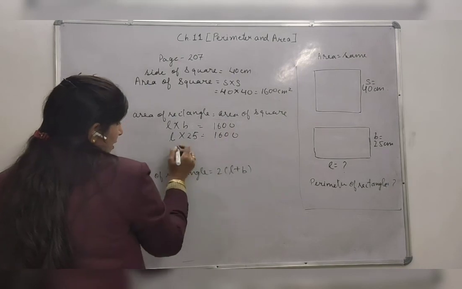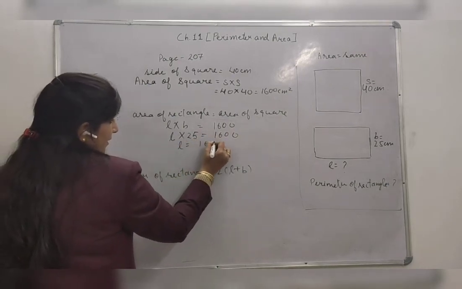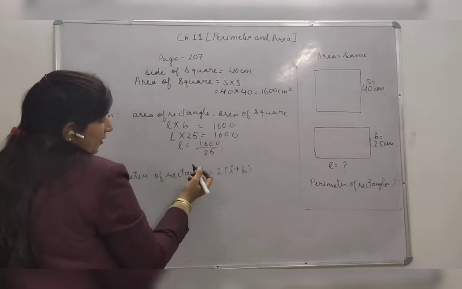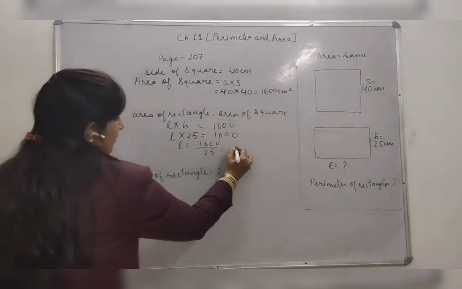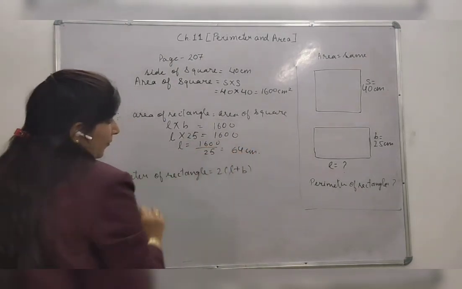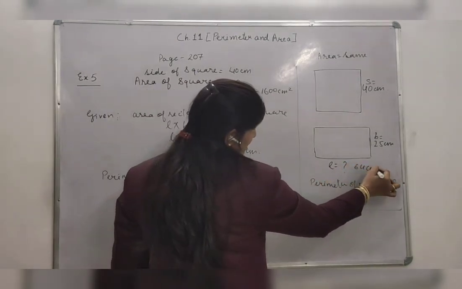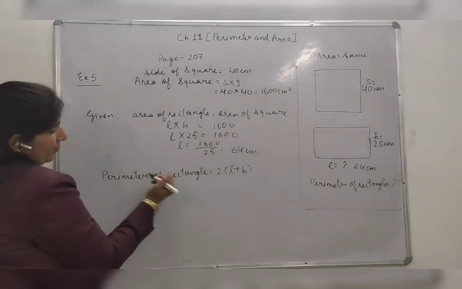Okay. Now to find out the length, I am taking 25 to the right hand side, it will come in the denominator. Okay. So after solving, we'll get the length as 64 centimeter. Now we have the length also, that is 64 centimeter, and breadth also 25 centimeter. So easily we can find out the perimeter of the rectangle.